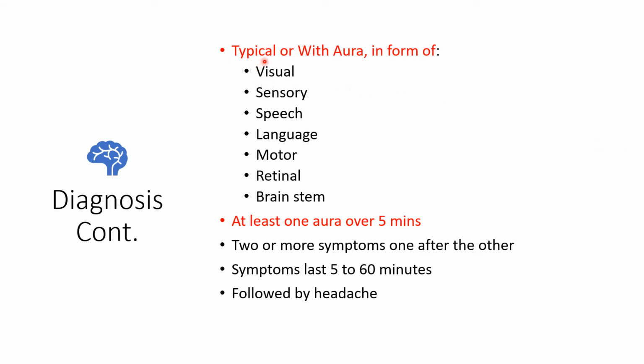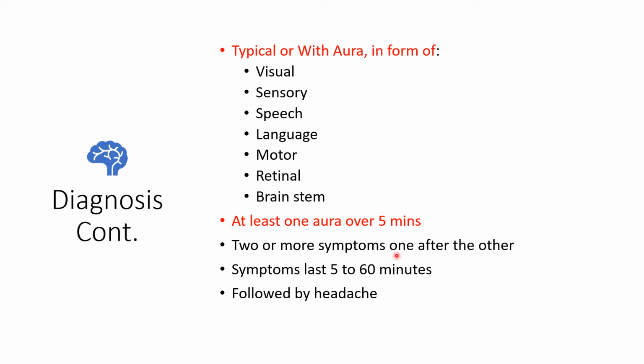Now, typical or classic migraine, or migraine with aura, will present in the form of aura that could be visual, sensory, speech-related, language, motor, retinal, or even affecting the brainstem. At least, we are going to pick one aura over 5 minutes.